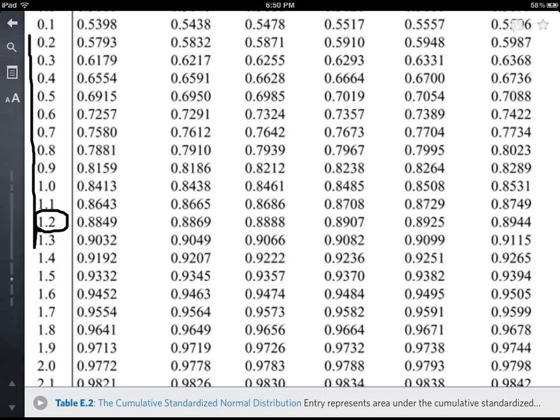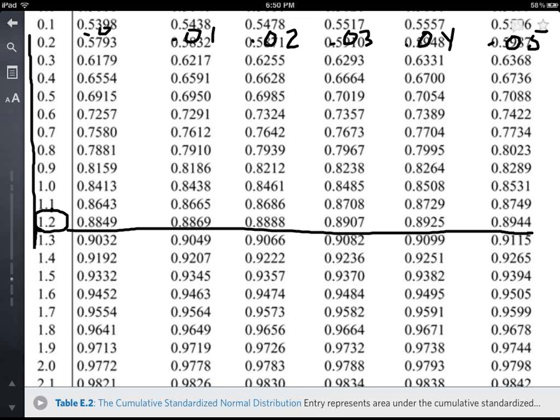And you can't see this, but the top of this is 0.00, 0.01, 0.02, 0.03, 0.04, and 0.05. So we come down till we get to 1.2, and then we come across until we get to 0.05, and so the probability is 0.8944. So that means that there's a pretty good chance, almost a 90% chance of not violating the contract.